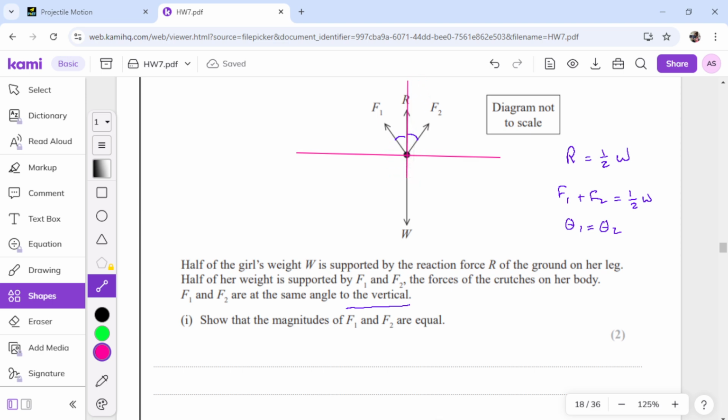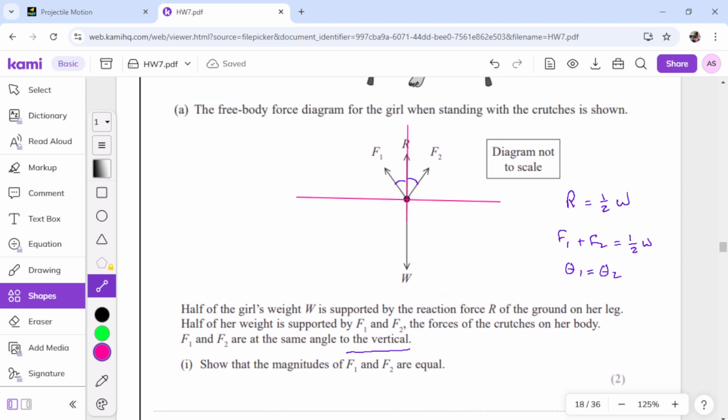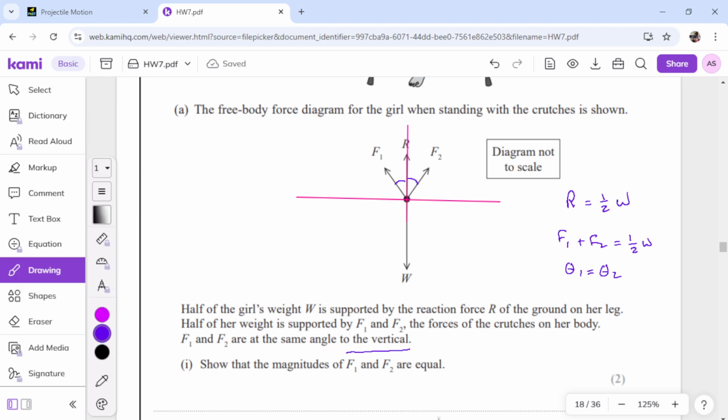Okay, so as you see, F1 and F2 can be resolved to a vertical component and a horizontal component. Okay, so now we have F2x and F1x.